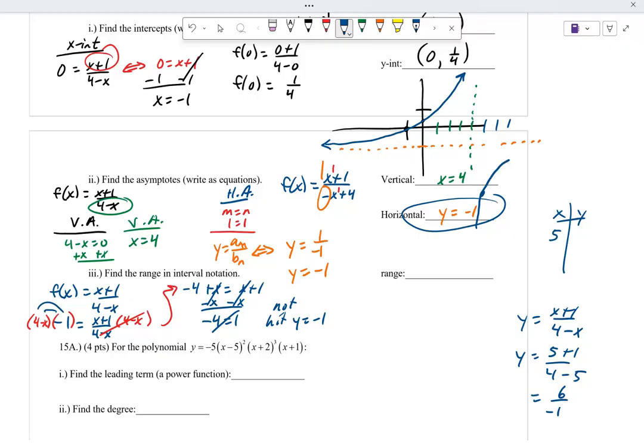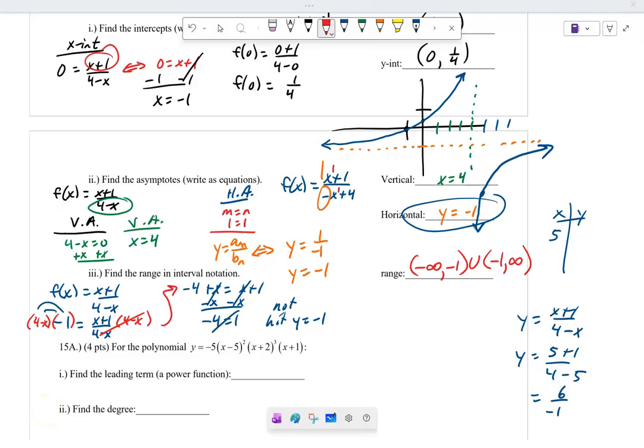Anyways, you could plug some more in, and you'd see that it's down there below that. That's that rational function. So our range is coming from negative infinity, does not hit negative 1, but then it takes off again after that, right? So coming from negative infinity up to negative 1, I never touch that horizontal asymptote. Then I take off again after that, and I keep going up with my y values.